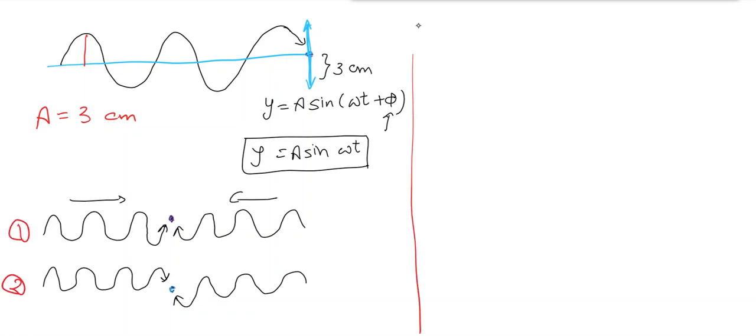So what will happen in situation 1? In this case, the displacement of particle will be y1 plus y2. What is y1? Displacement due to first wave. y2 is displacement due to second wave. Why addition? Addition because the waves are incident in such a way that they add into each other's effect.